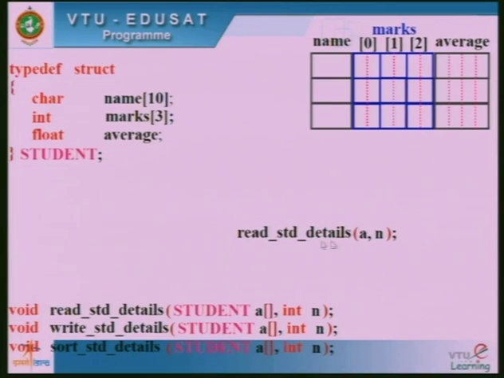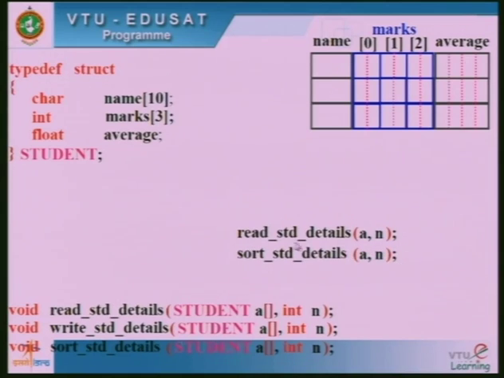Next, after reading the student details, what we have to do? We have to sort the student details. So call this function sort student details. For that, we require the student information which is stored in the variable A, and we require another n. What does this n represent? Number of students. And enclose these 2 arguments within parentheses and end with the semicolon.